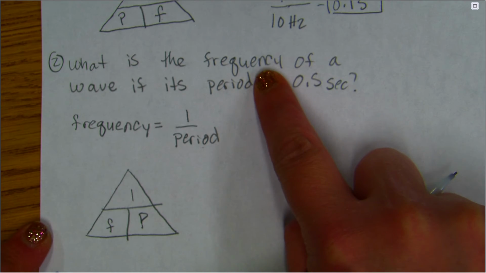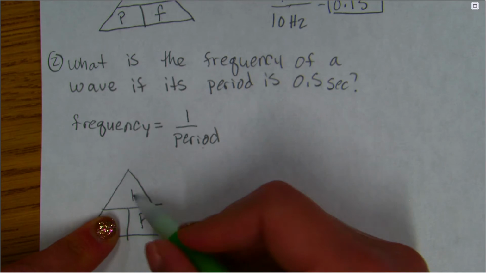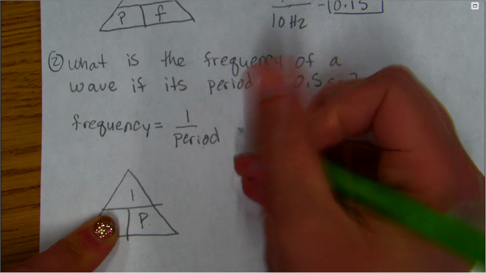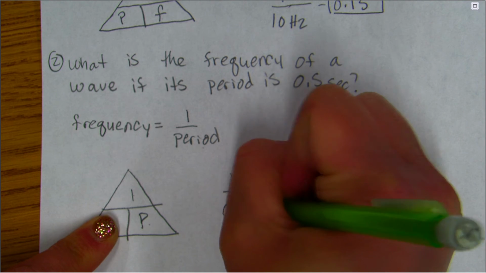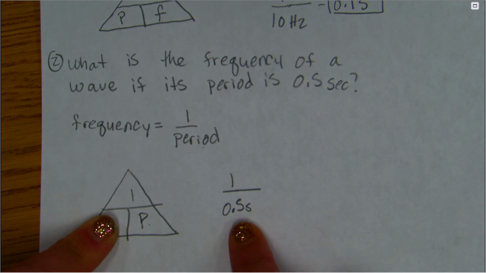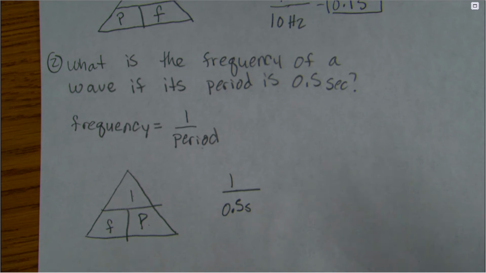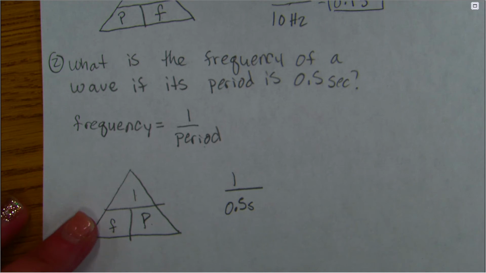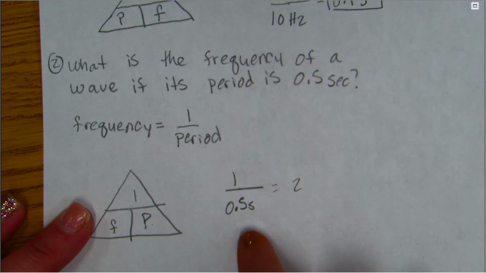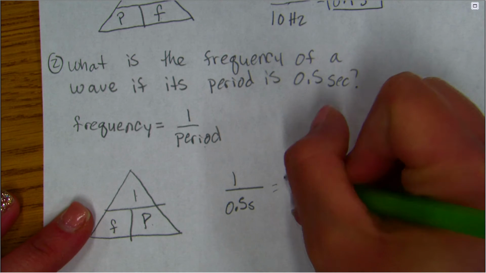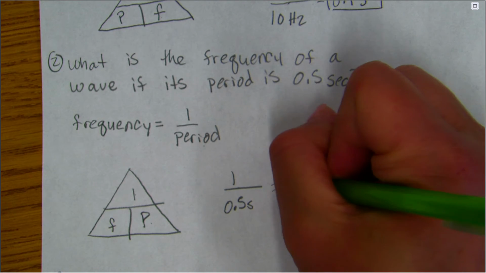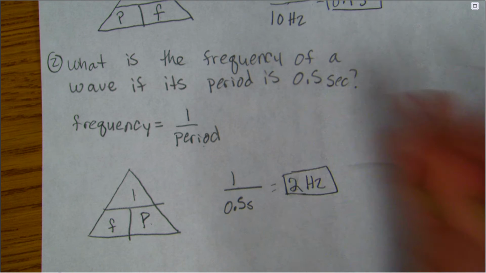So if I want frequency, I'm going to cover that up. 1 divided by period. All right, so 1 divided by 0.5 seconds. And look, friends, this gives me a unit of 1/seconds, which is hertz. All right, so 1 divided by 0.5 is 2. And my unit for frequency is hertz. Now let me make this 2 look more like a 2 because my 2's and my z's kind of look the same. So let me distinguish between them.